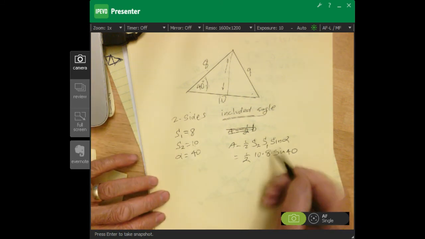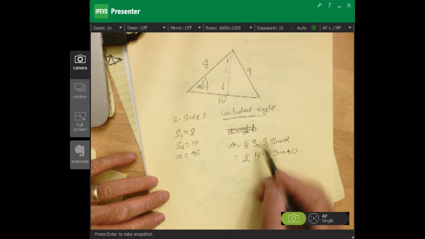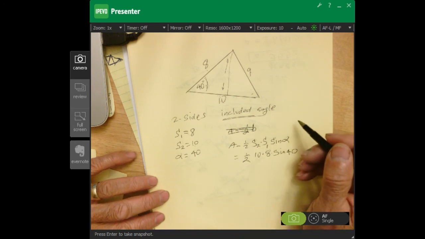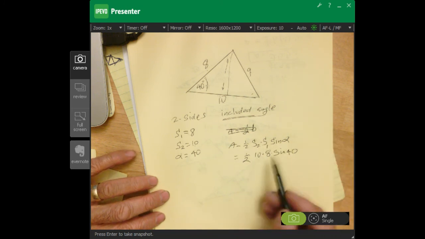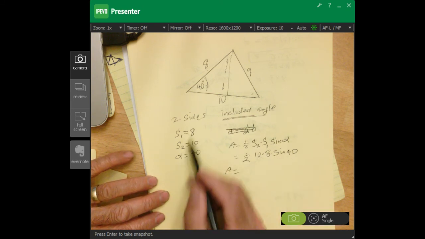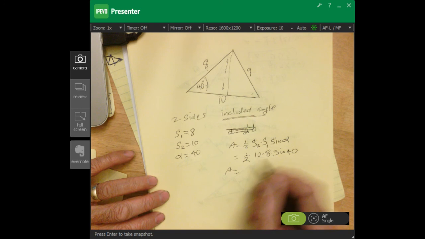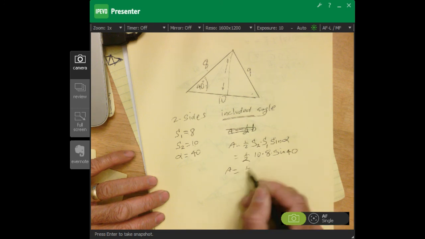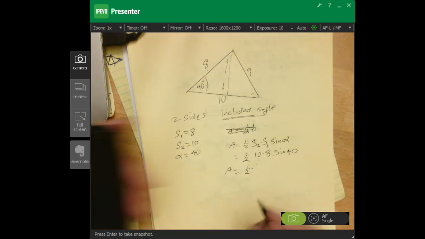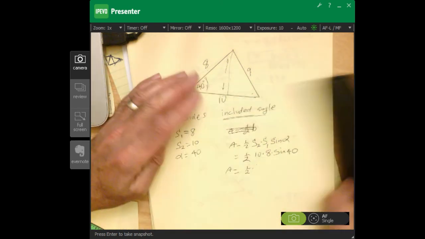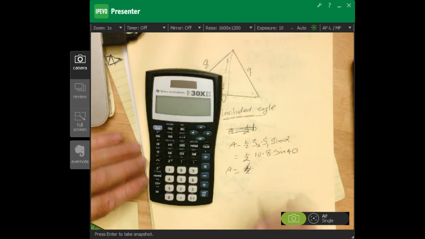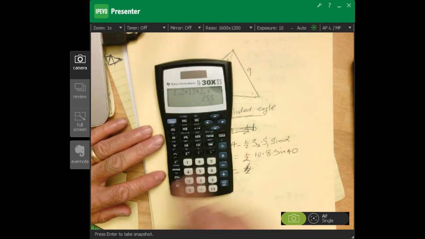Now it doesn't matter what order we do this multiplication, because multiplication is commutative. So 10 times 8 is the same as 8 times 10. That's why I didn't worry too much about which one we put first. So now when we multiply this together, let's go ahead and do the calculation all at once.